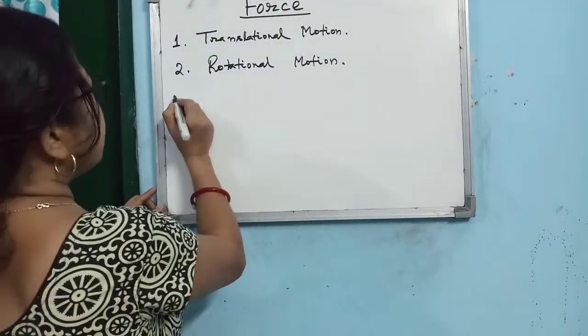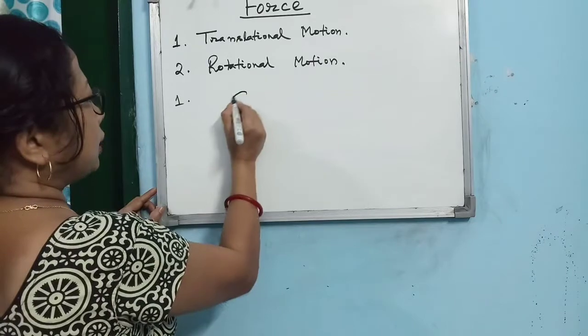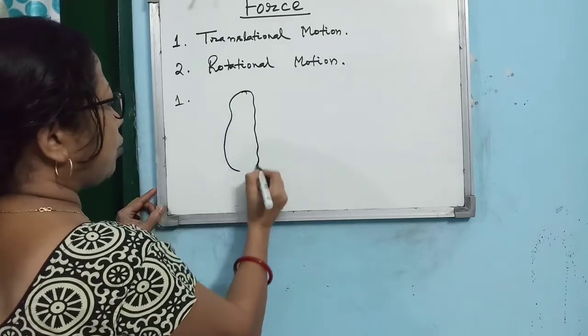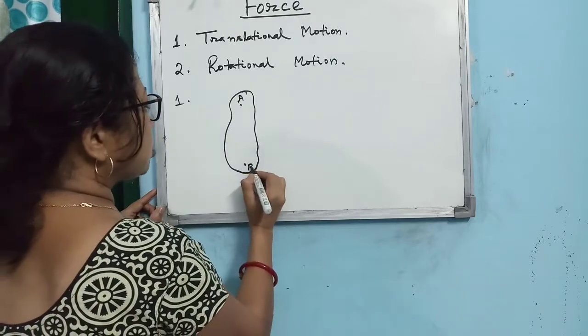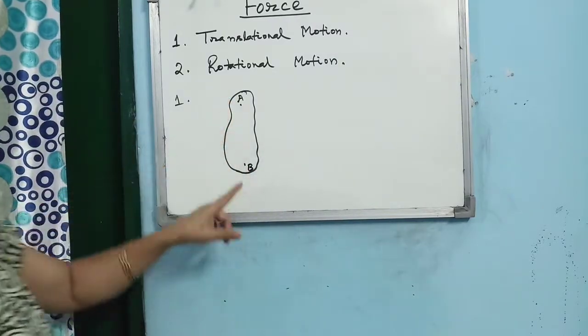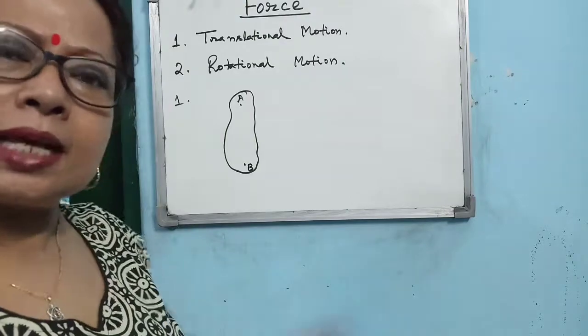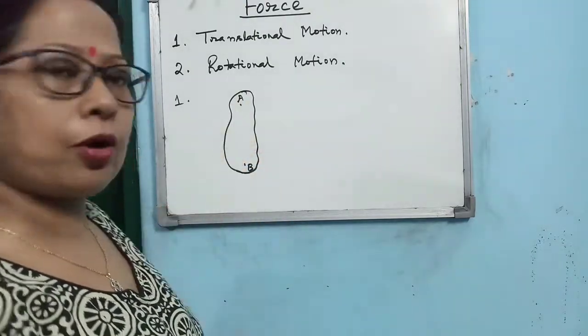Just consider this example, this is translational motion I am discussing. Suppose you have taken one body and I am considering 2 points on the body. Let us name them A and B. Is that clear? Just we are considering 2 points on the body.